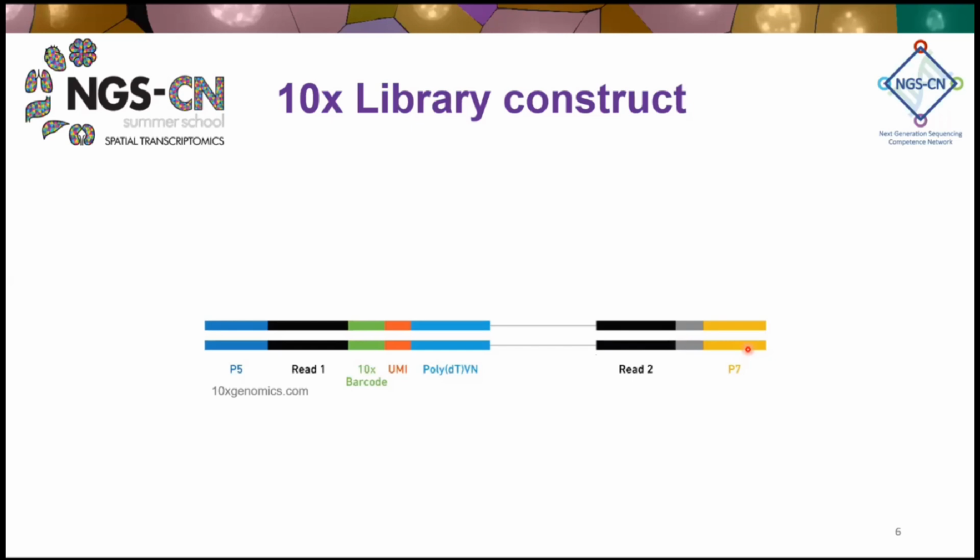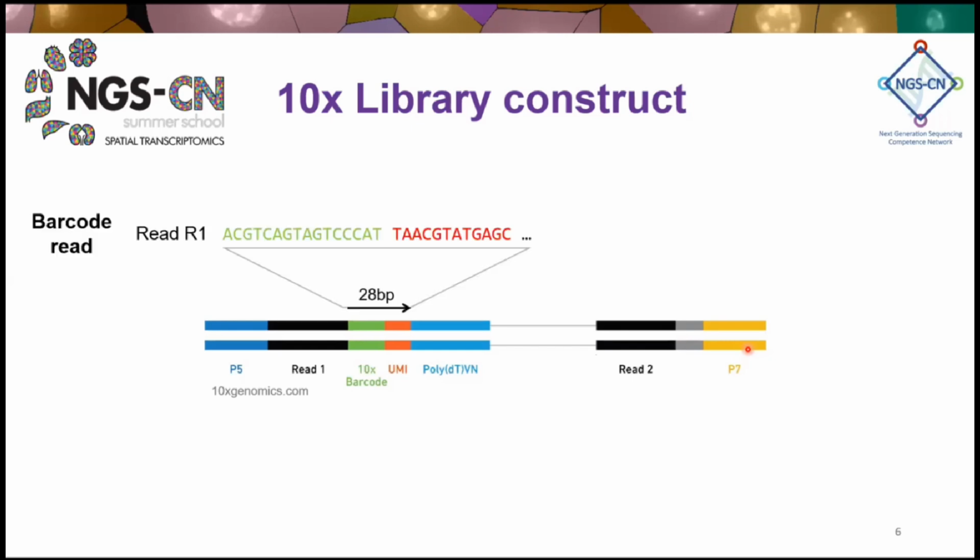Now, read 1 starts here, and it sequences the 16 bases of the 10x barcode and the 12 bases of the UMI. This information is, of course, important, but then it will sequence the poly-dT region.